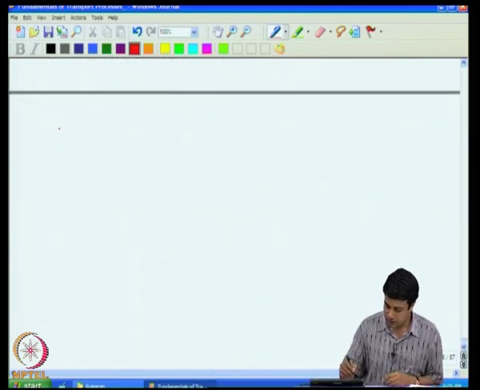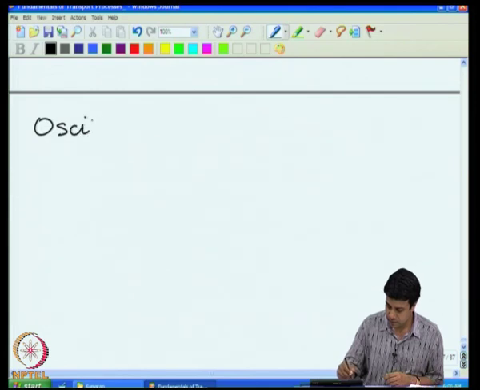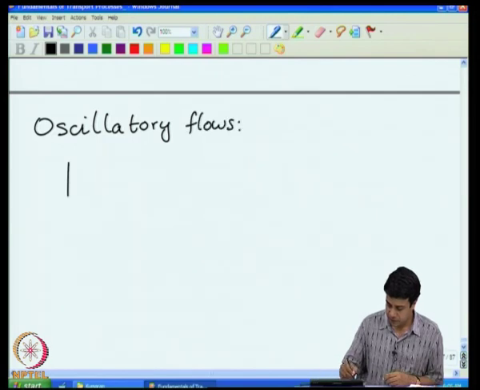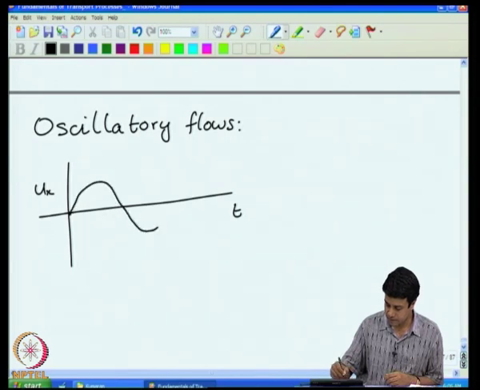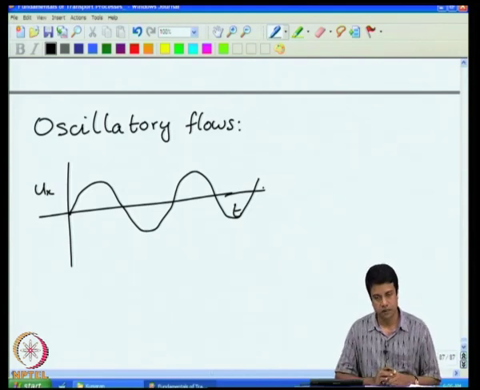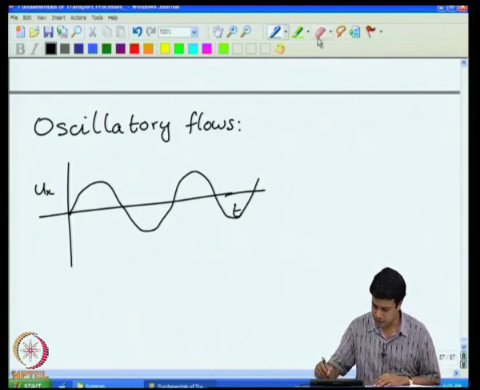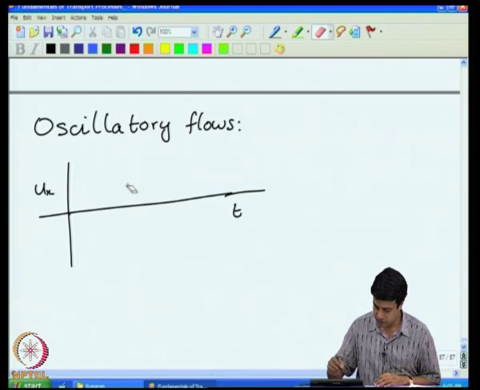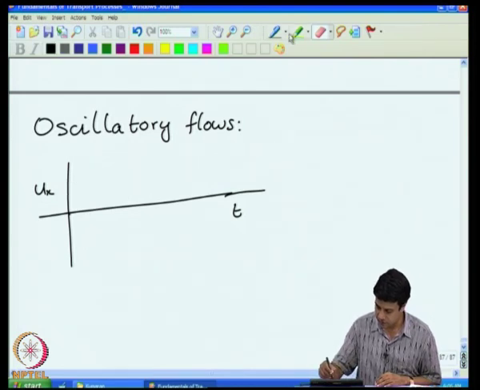So, one last comment about the discussion on oscillatory flows. So far, we have solved only for u x at the bottom being oscillatory in time. What we actually solved for was a cos function.